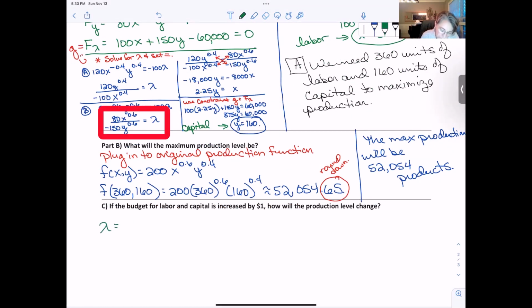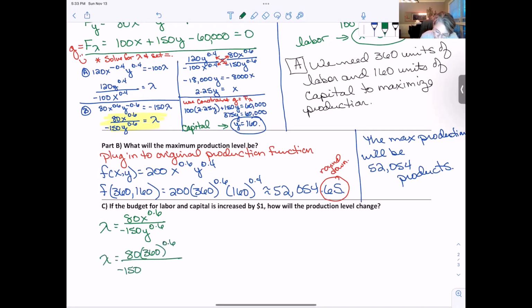Let's use the one from B. Remember, they're equal to each other, and that tells me lambda is 80x to the positive 0.6 divided by a negative 150y to the 0.6. But remember, we have values for x and y. Plugging in 360 for x and 160 for y will give us approximately negative 0.868.